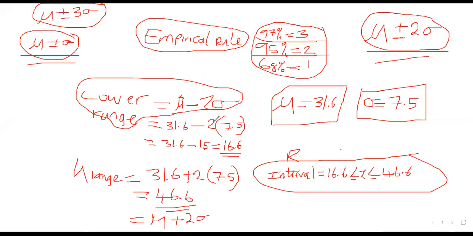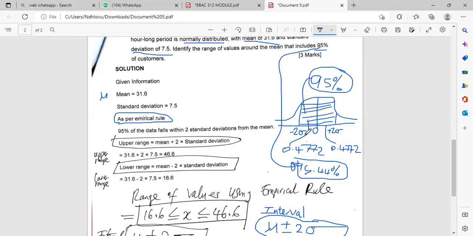So this is within 2. For now, the concept here: when they say within 3, we only substitute where there is a 2. Here it was within 2, because 95% was falling within that. On this shape, within 2 means this area is 0.4772.